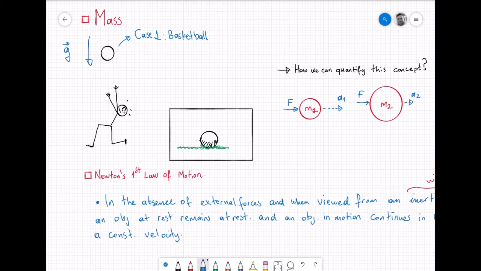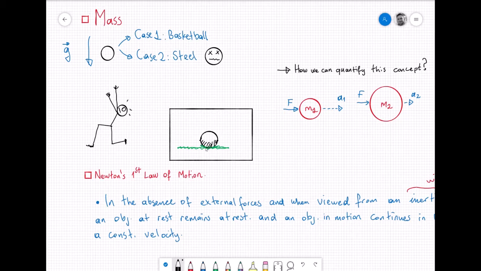Most probably, he will be able to catch and stop the ball, right? What if, in case two, the ball is made from steel? In case two, the result may not be that pleasant. Our guy ends up dead while trying to catch the steel ball.